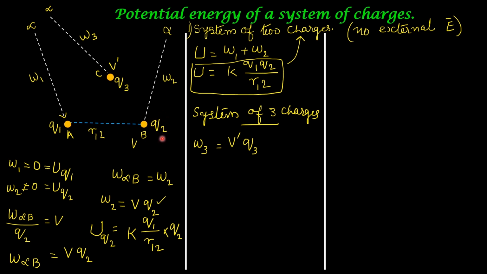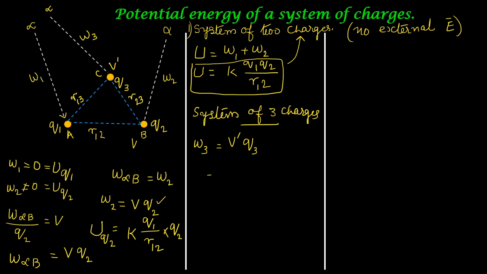So we have to calculate the potential caused by Q1 and Q2 separately and then add it up. Q3 is at a distance of R13 from Q1 and at a distance of R23 from charge Q2.